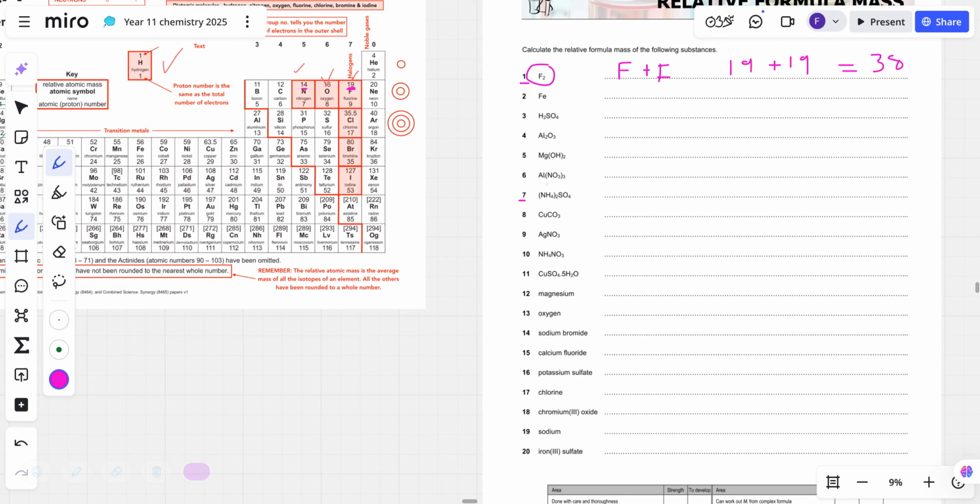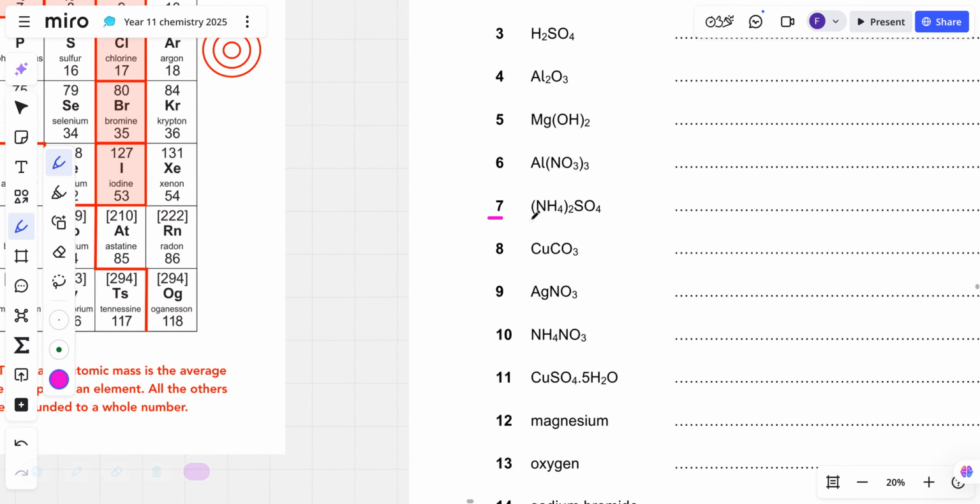Okay, so now I'm going to jump all the way to here. This is ammonium sulfate. So what I've got is inside the brackets, I've got 1 nitrogen and 4 hydrogens. Or you can look at it the long way, and either of these doesn't matter. Whichever one suits you, and that statement is really important.